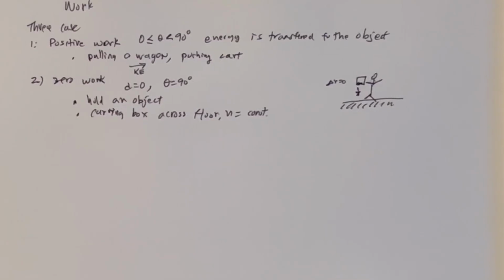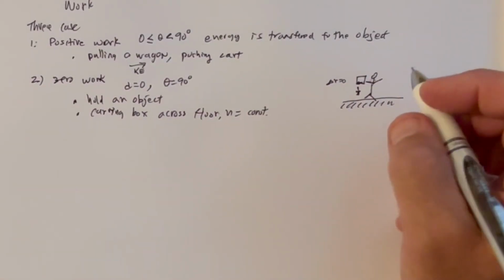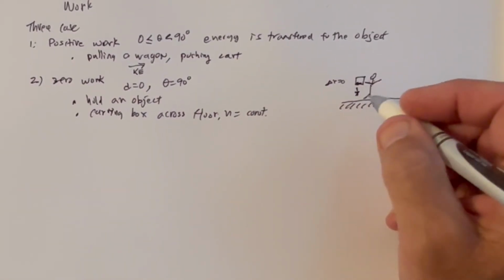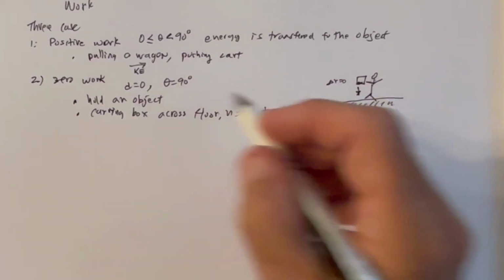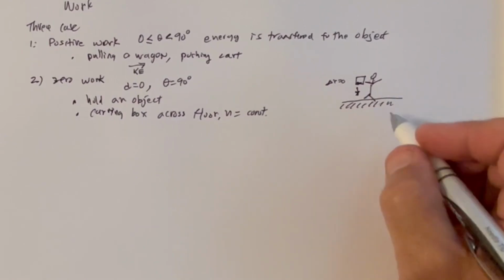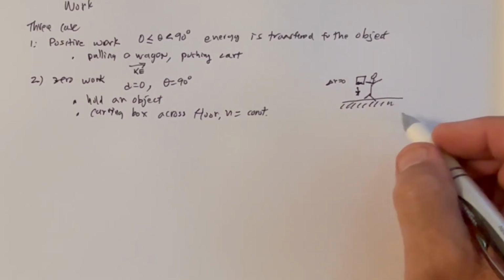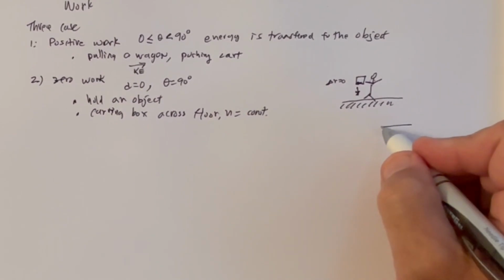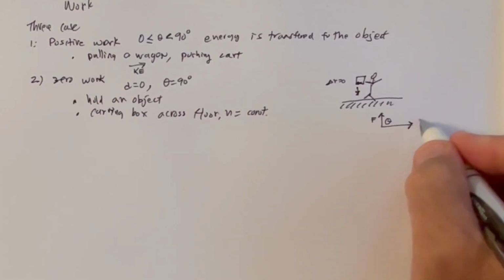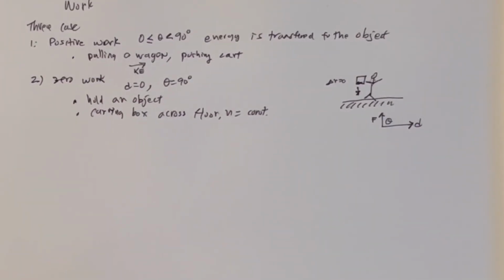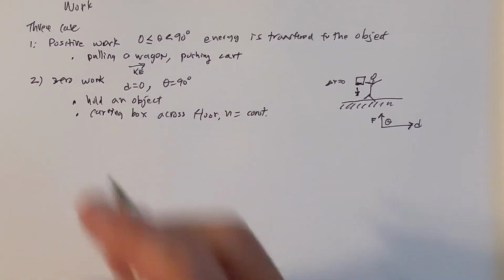You are adding kinetic energy, but in the system where the force is straight down, like in the case of gravity, the angle is going to be 90 degrees between the force vector and the displacement vector. So that's going to give you zero, because the cosine of 90 degrees is zero.